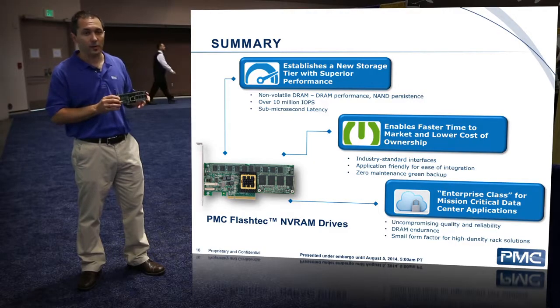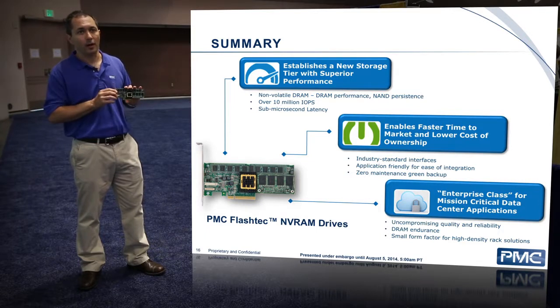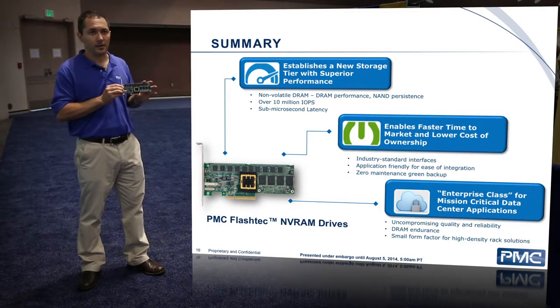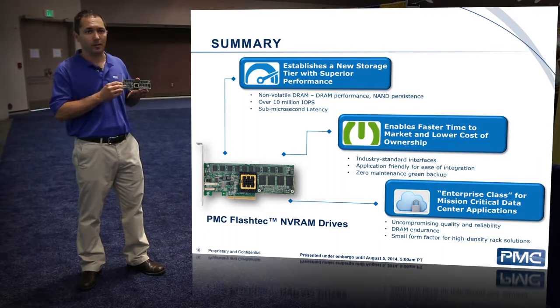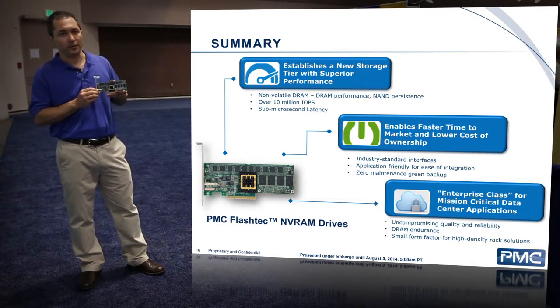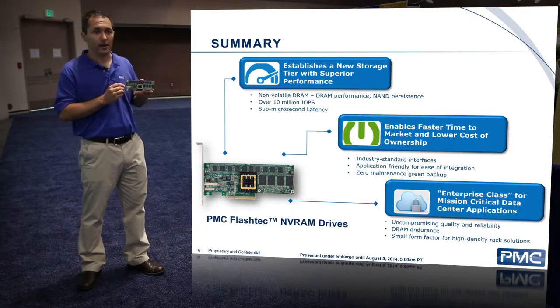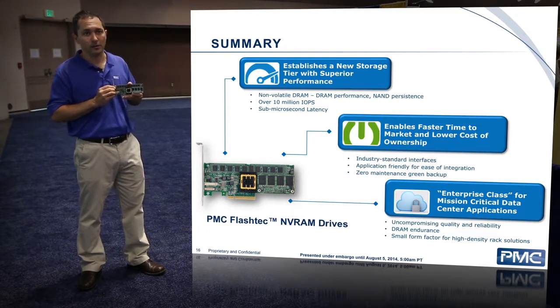So that's in a nutshell our key performance characteristics, and with that I'd like to conclude and summarize our key performance and benefits. We believe that with the NVRAM drive we are establishing a new storage tier and a new performance tier in between the DRAM and storage with over 10 million write IOPS and 1 million IOPS for 4K blocks.